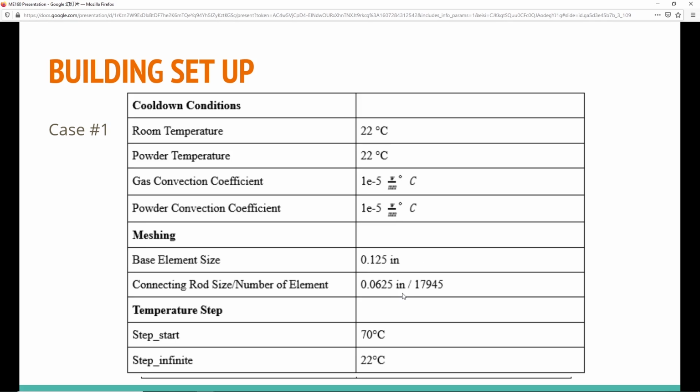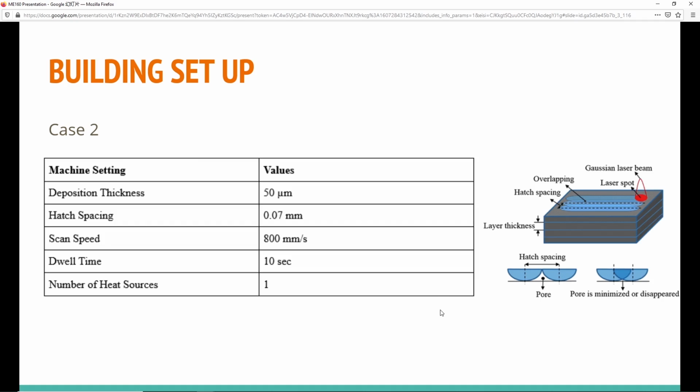Because we focus on the connecting rod, we want to get a more accurate and precise result there, and we also don't want it to take too long, so this is the element size we determined. For case 2, where we're going to compare, we just arrange the hatch spacing to be smaller, to 0.07 millimeter, and we also decrease the scanning speed to 800 millimeter per second.